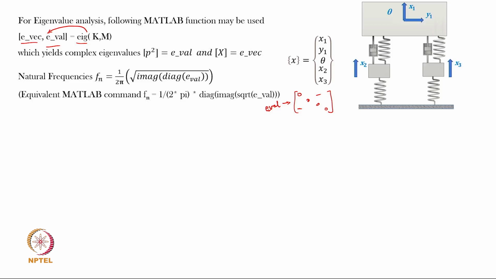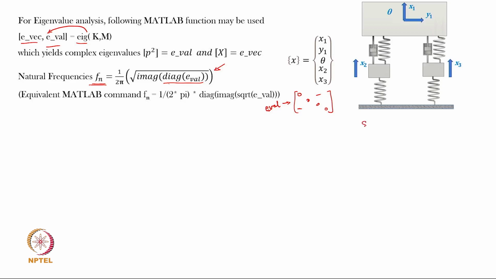So, if I want to find out all the natural frequencies of this particular system in cycles per second or hertz, then I can use this expression to get all the diagonal elements extracted, and they will be given in the form of a complex quantity. For an undamped system, we are going to get pure imaginary quantities.